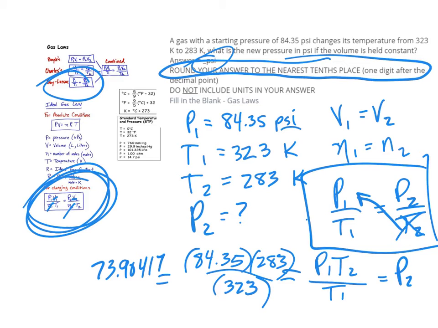Tenths place is one digit after the decimal point, so I'm going to round that and leave it as 73.9. And it's a pressure in psi. If I were showing my work with units, that's what I would put, 73.9.